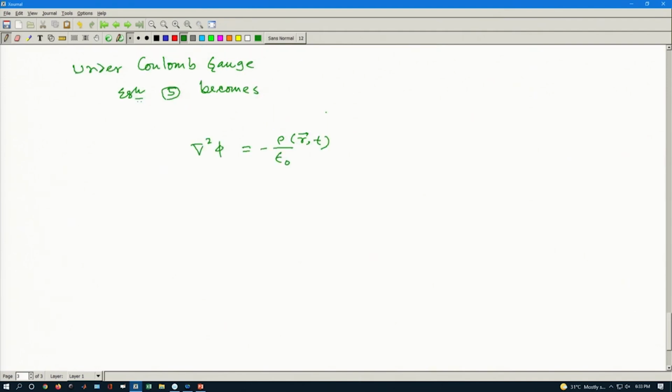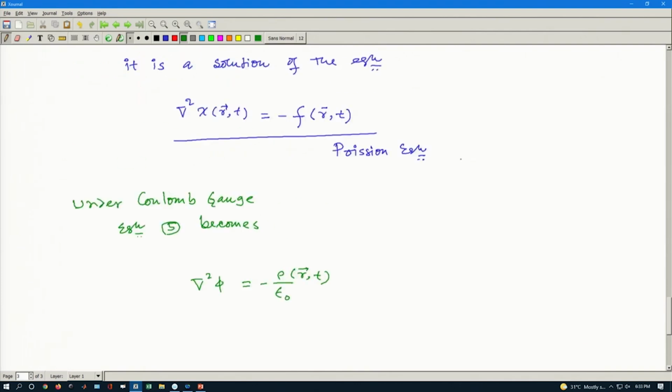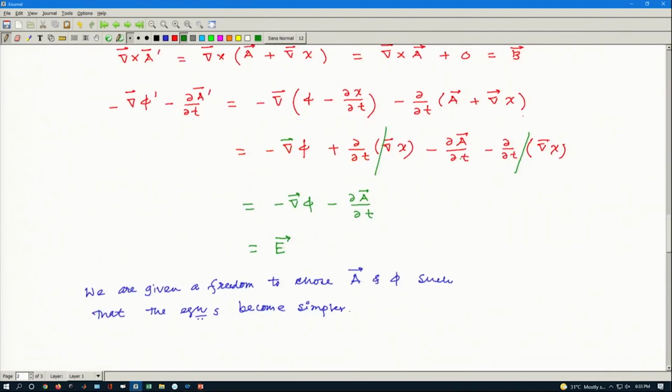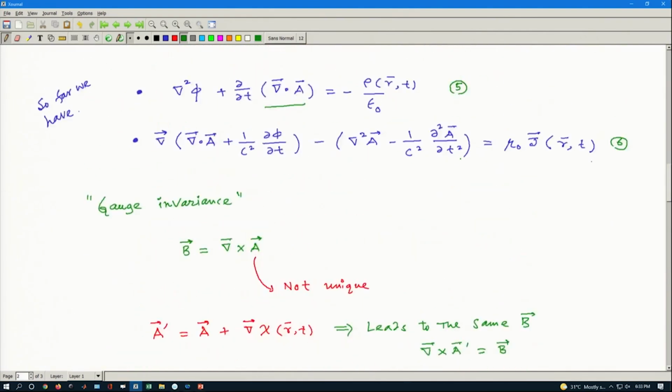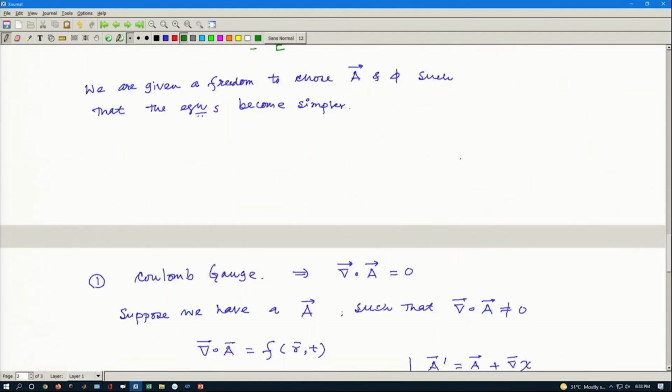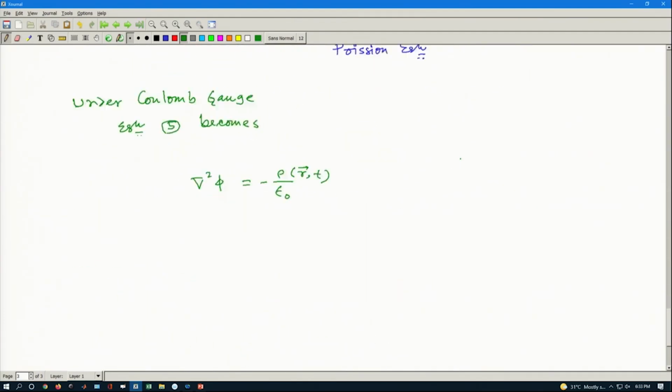What was equation 5? Better I should write equation 5 because I need to go up every time.